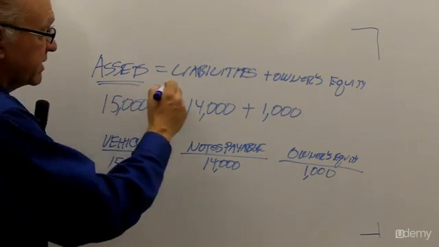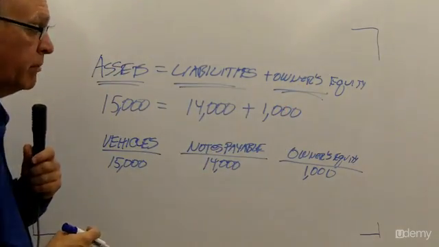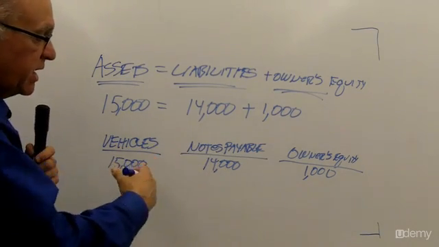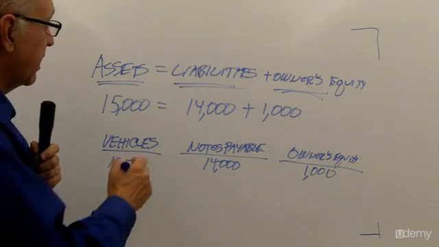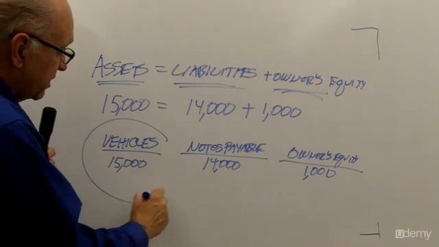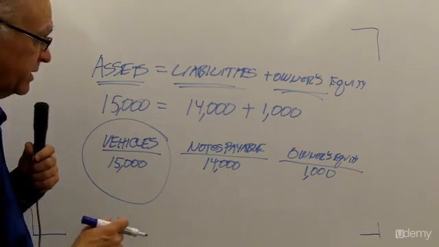Overall, assets equal liabilities plus owner's equity. But before we start talking about debits and credits, we have to understand accounts. And accounts fall within our accounting equation. So vehicles is an account that is an asset account.